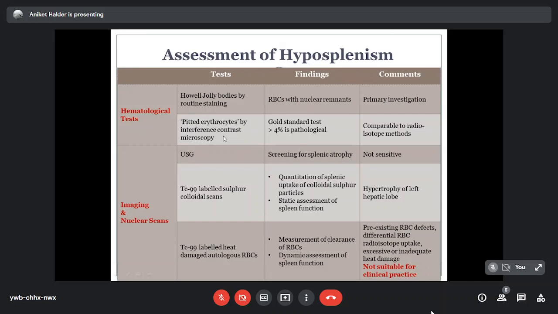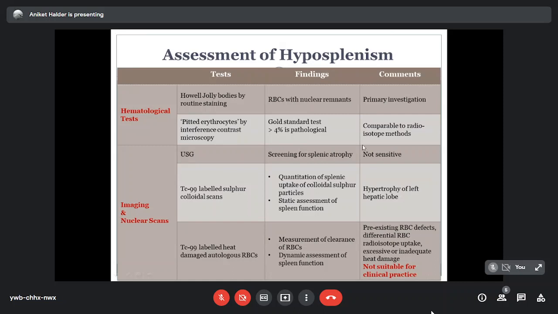These pits can be picked up by interference contrast microscopy on a wet preparation of the blood. More than 4% of pitted erythrocytes is considered to be abnormal and is an important indicator of hyposplenism.